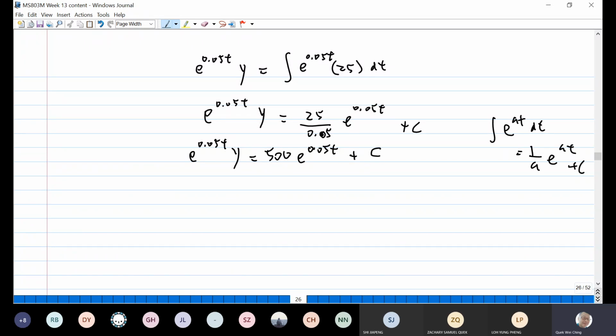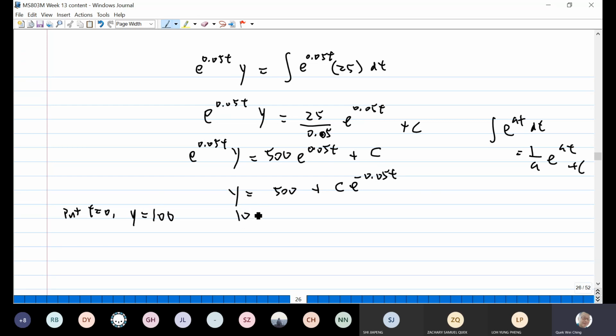Now divide everything by e^0.05t, so y equals 500 plus c e^(-0.05t). Now put t equal to 0, y is equal to 100, since 10% of the solution is alcohol in the beginning.